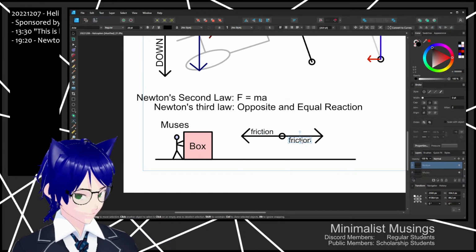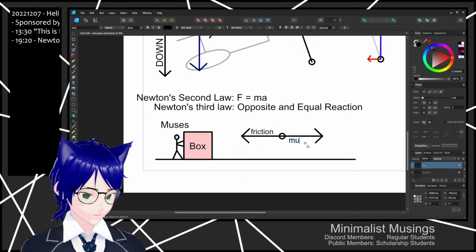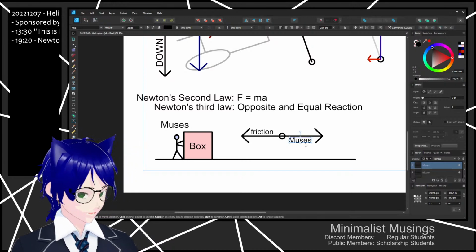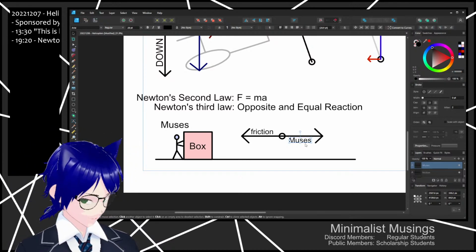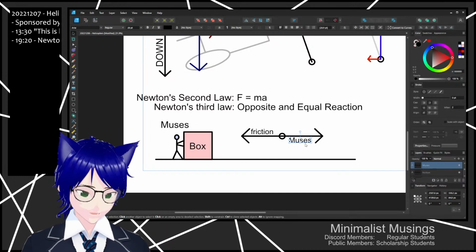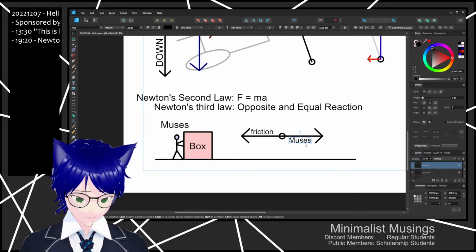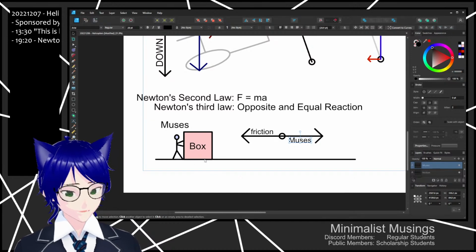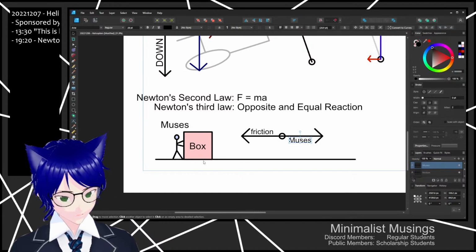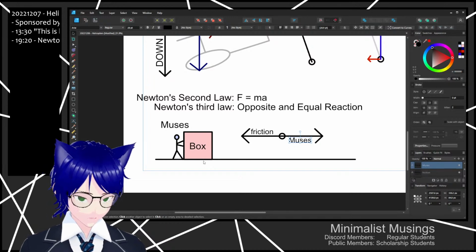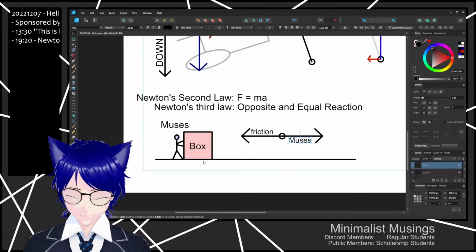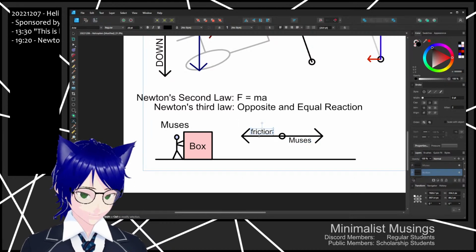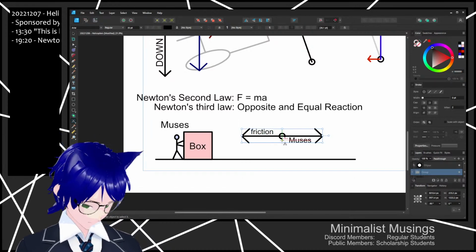Intuitively, a heavier box is harder to move than a lighter box, and that's because the heavier the box is, the more gravity is pulling it against the ground. And if gravity is pulling it against the ground, then the interface between the box and the ground, i.e., this part right here, makes it more difficult to move. And so, for a heavier box, you will have greater friction. And so if these two are equal, then nothing moves.